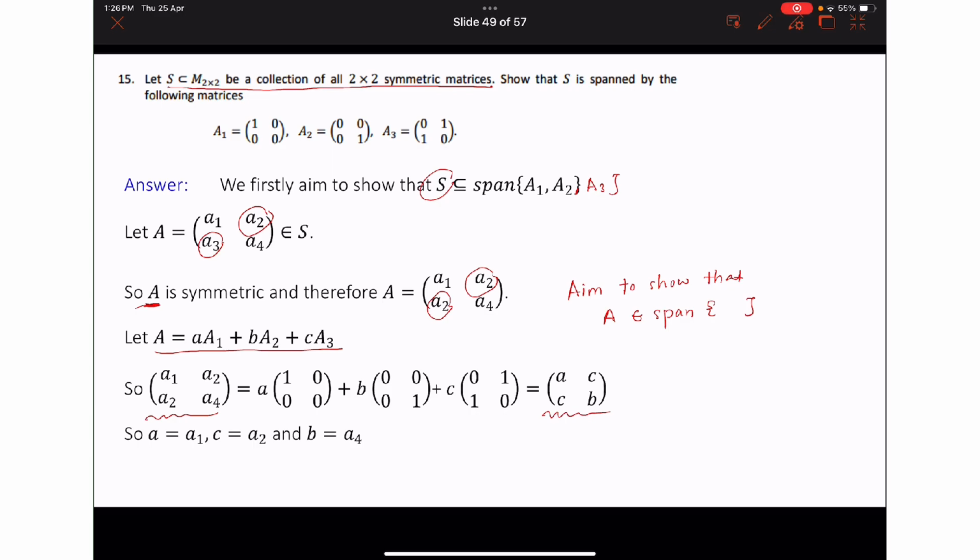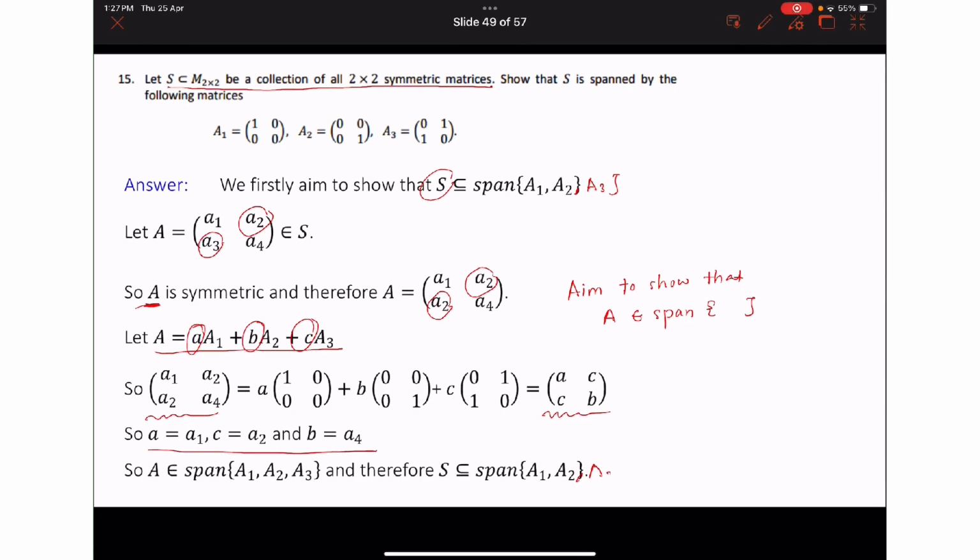That means the scalars A, B, and C exist, which is given by this equation. We have shown that A is a linear combination of A1, A2, and A3, and therefore A is in span A1, A2, and A3, and therefore S is a subset of span A1, A2, and A3.